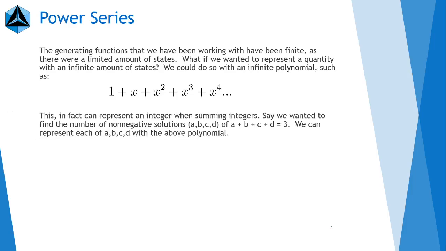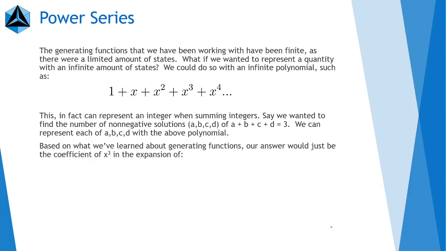And with this, we can in fact represent an integer when summing integers. Let me clarify that with an example. Say we wanted to find the number of non-negative solutions a, b, c, d of a plus b plus c plus d equals 3. We can represent each of a, b, c, d with the above polynomial, since they can take on any non-negative integer value.